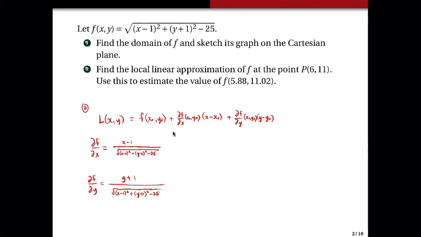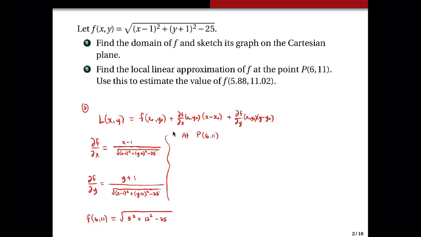Same story. Okay, and then let's just write here at the point P, which is (6, 11). What is this? Let's start with f of (6, 11). So this is equal to 6 minus 1, that's 5 squared, plus 11 plus 1, that's 12 squared minus 25.